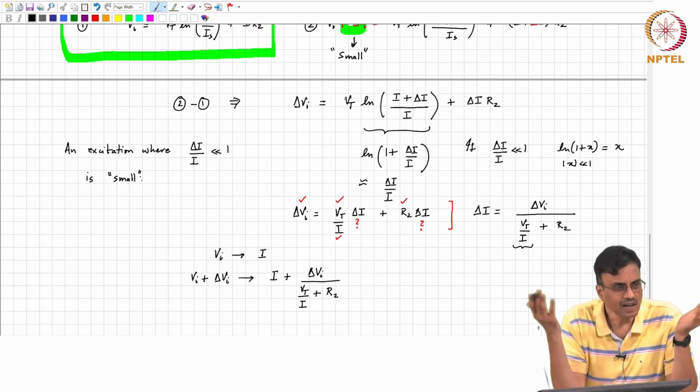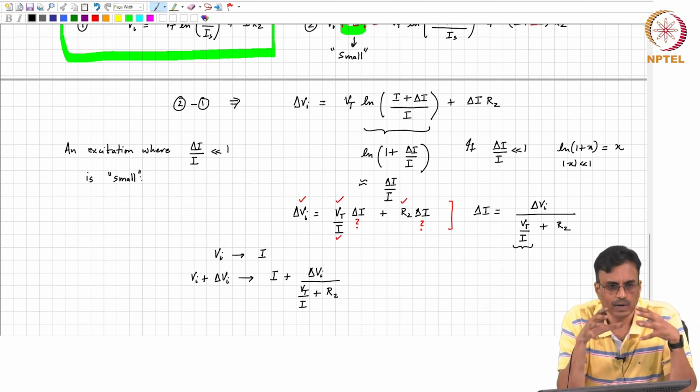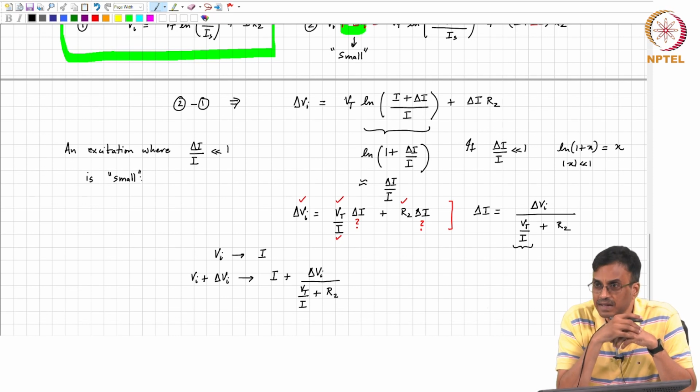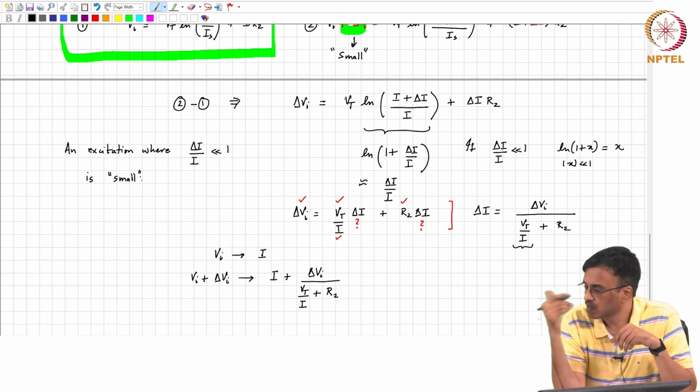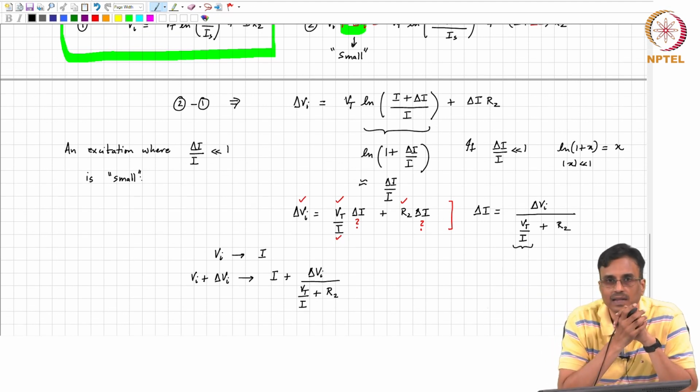In general, each circuit or each nonlinear element will have a different definition for what it means for the excitation to be small. In this particular context, it just so happens that the delta I by capital I must be much smaller than 1.